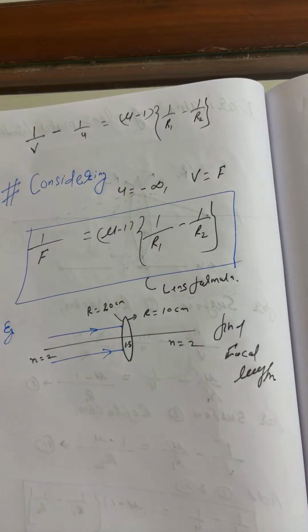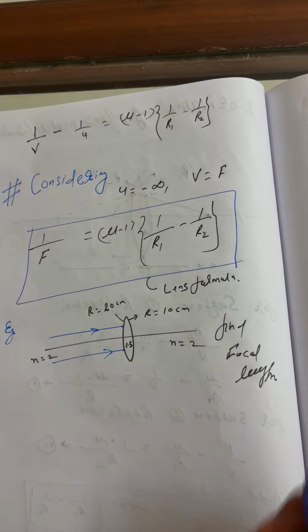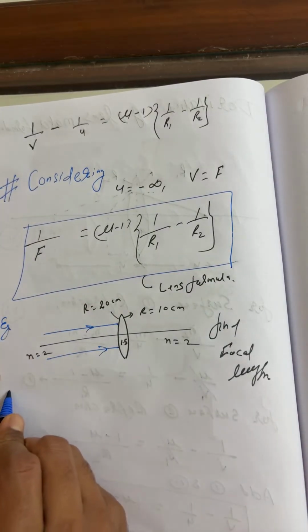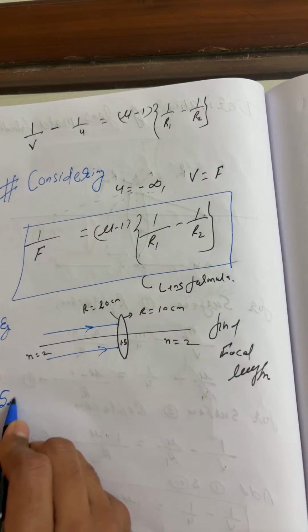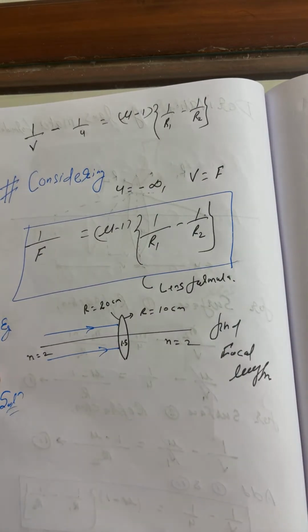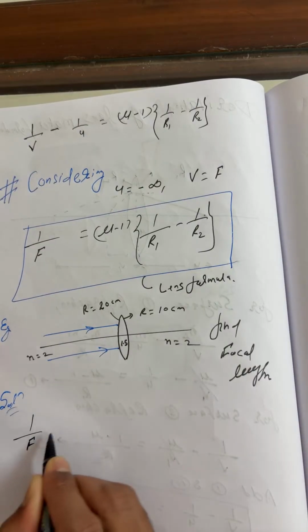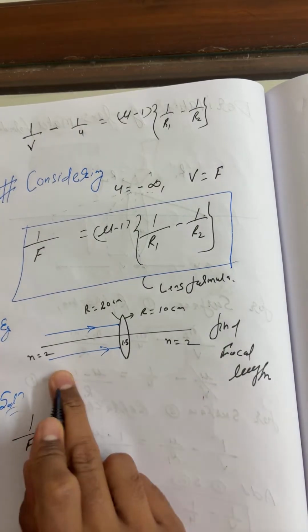So how can you do it? Just now, I derived the result for how to find focus, so you can use this result straightforwardly. 1 upon f equals mu minus 1.